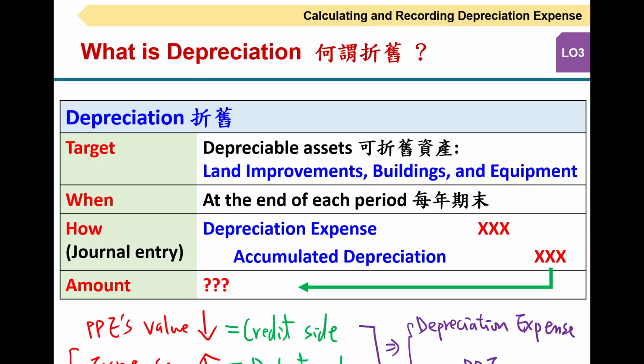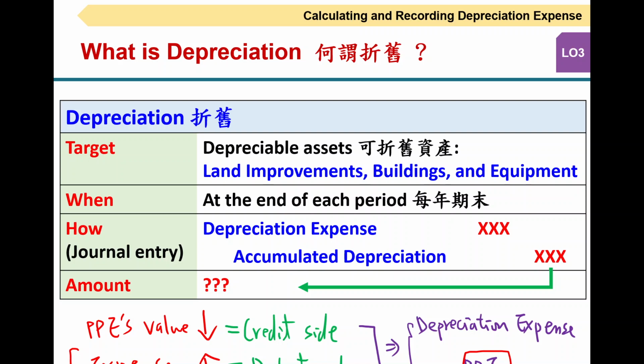So what's the new account we want to replace it? We call it accumulated depreciation.